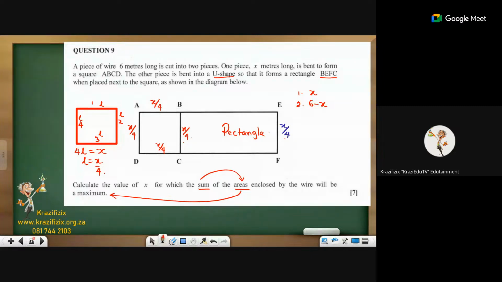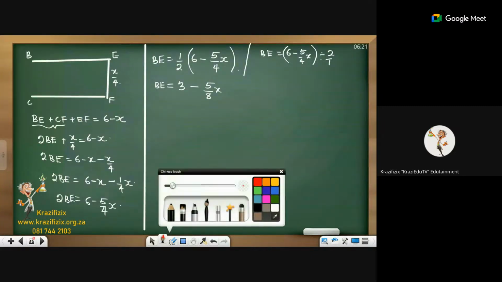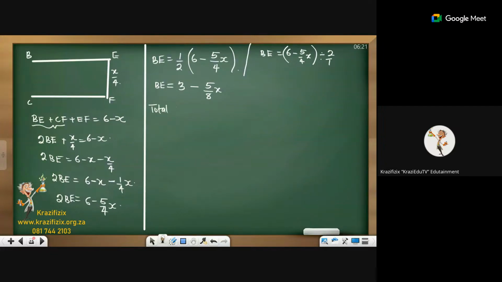Now go calculate. So total area of ABCD plus the area of BEFC, and that's a rectangle. But this one as well is just length times breadth. X over 4, area of a square, guys, length times breadth, squared, plus area of a rectangle. Now it is BE multiplied by that.